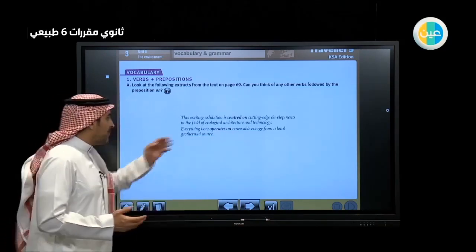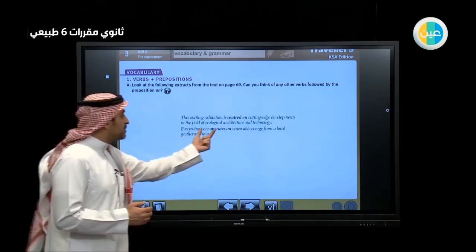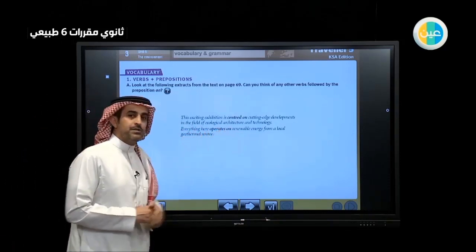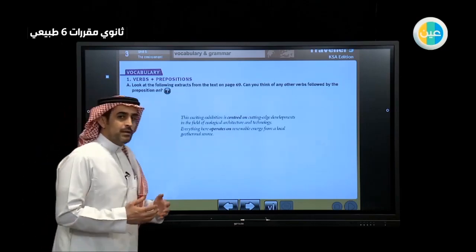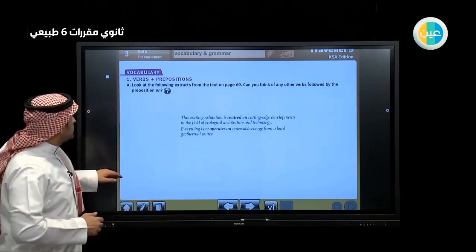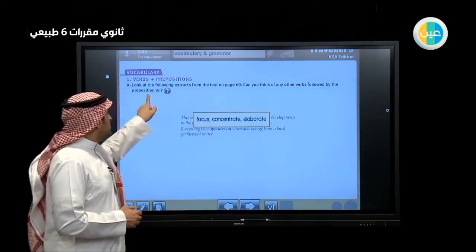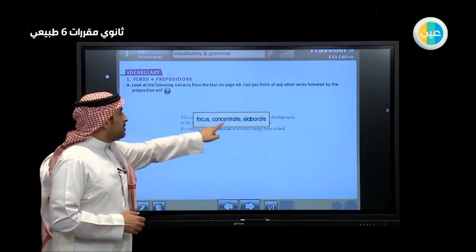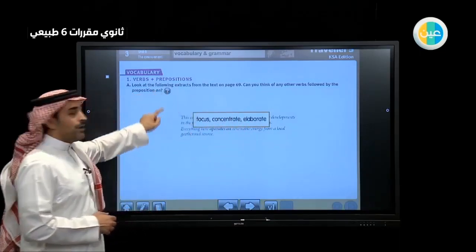What's the meaning of operates on? This is a phrasal verb, consisting of a verb and a preposition, and it has a meaning. Okay? We can say focus on, we can say concentrate on, we can say elaborate on.